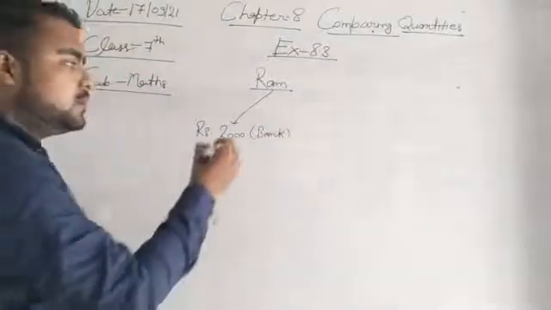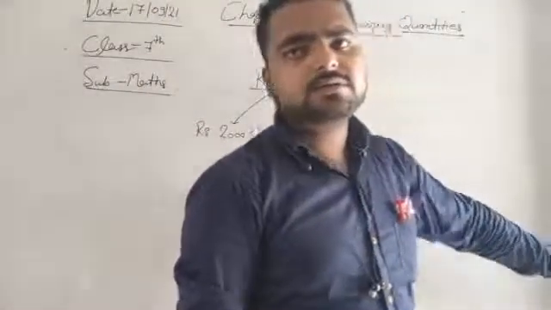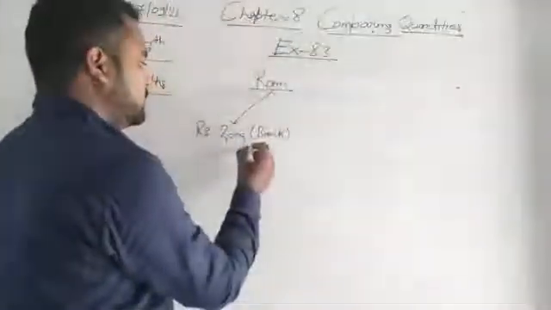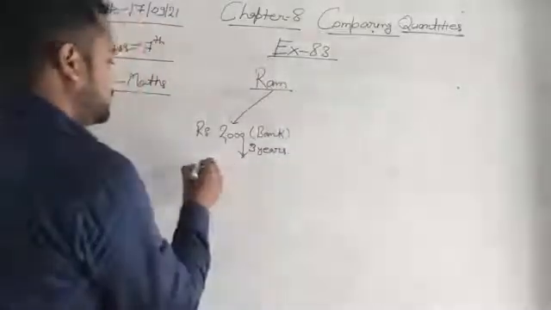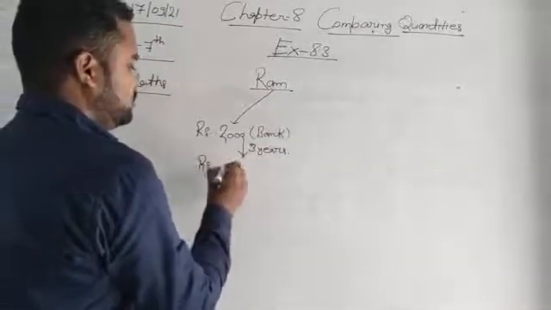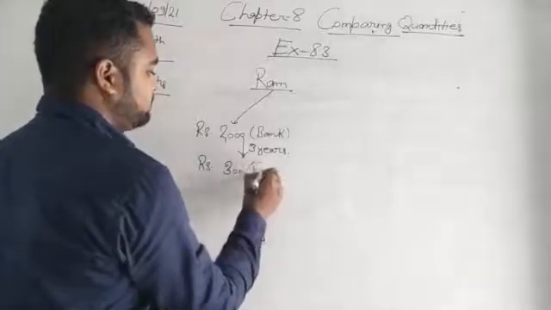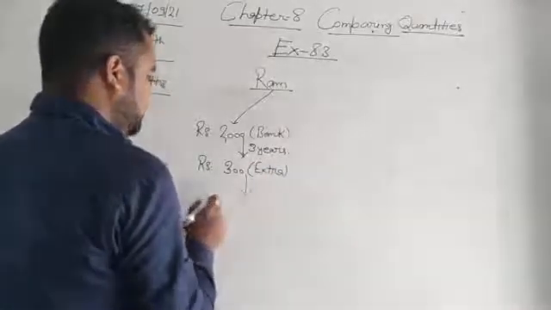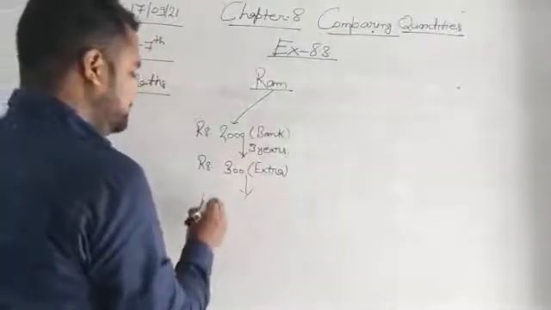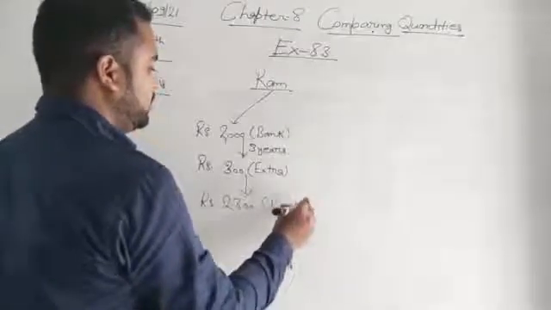Suppose for 3 years the money is borrowed and he paid rupees 300 extra money, and at the end of 3 years he paid rupees 2,300 to the bank in all.